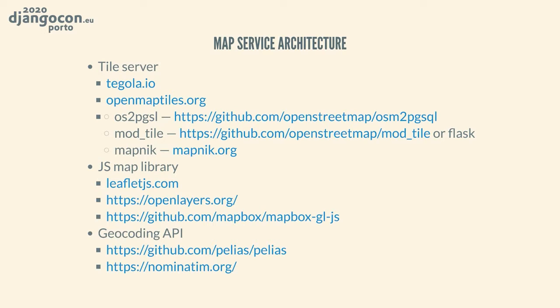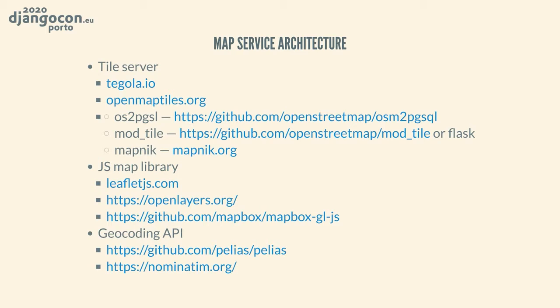And a geocoding API, which allows you to get location coordinates and other geodata, and also reverse geocoding, which allows vice versa getting the location name from the coordinates.